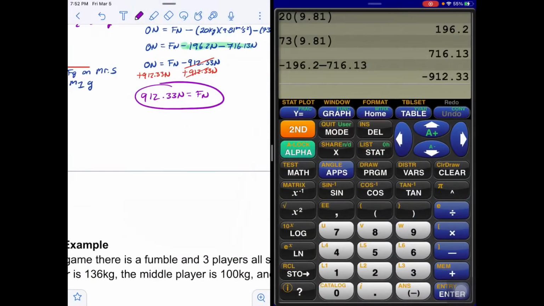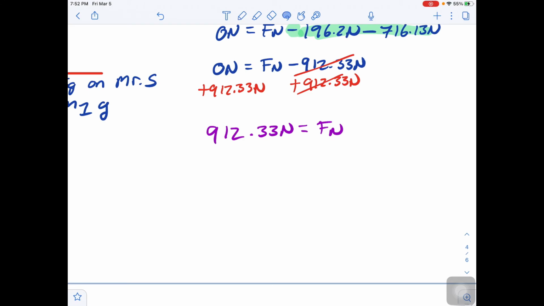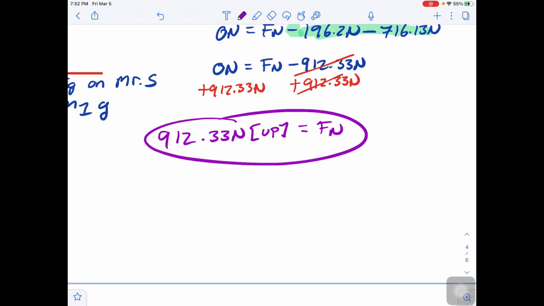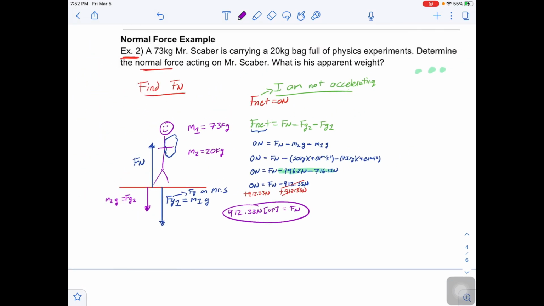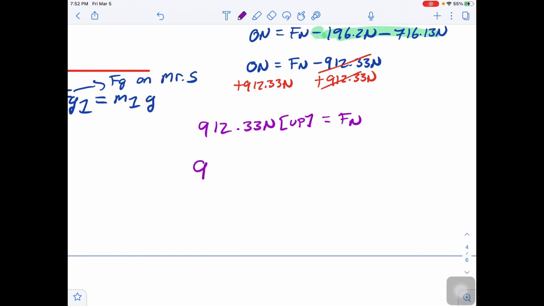And again, a normal force is a force, therefore we should actually put a direction in there. And this would be upwards, opposing my two other forces. Now at this point, I should probably represent it also in scientific notation, so 9.2 times 10 to the 2 newtons up. There we go.